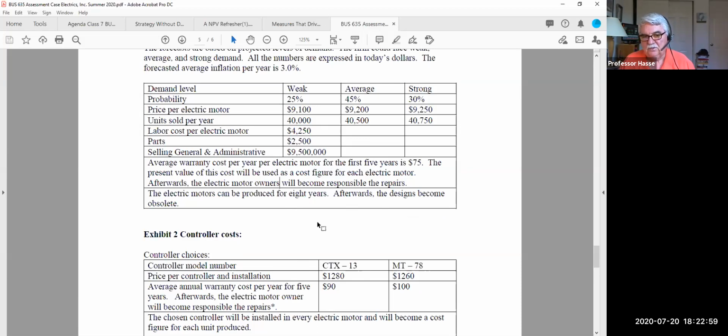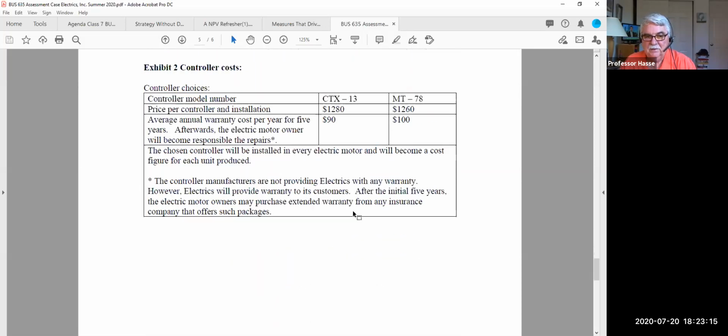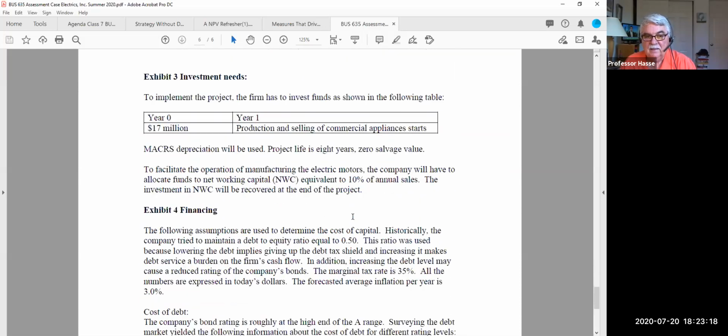And you'll have to put a spreadsheet together just like we just saw, and just like what you're going to practice in case 3 this next week, making sure you properly show the net accounting income and the net cash flow every year. How many years of the project are there? They just tell you right here. The project life is 8 years. Now you know how many years you have. And there's 0 salvage value.